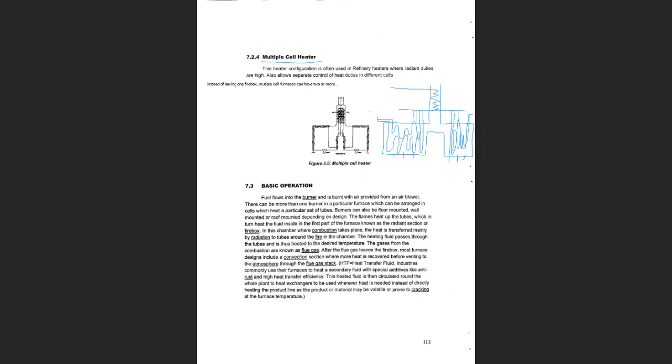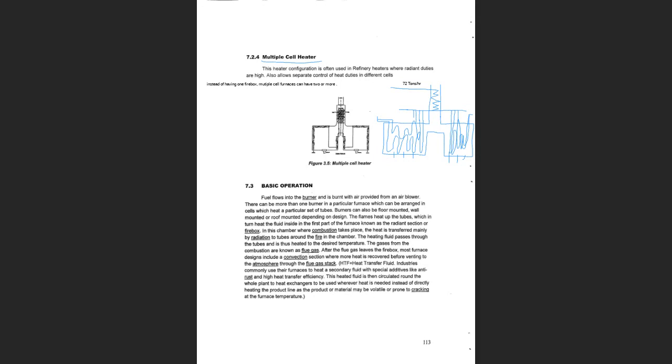جميل. And why they had to design it in this way? Because they wanted to process a large amount of ethane and propane. And I remember that propane flow rate was up to 72 tons per hour, 72 طن في الساعة. تخيل كمية ضخمة جدا. يعني it is very difficult to have it in a single firebox.